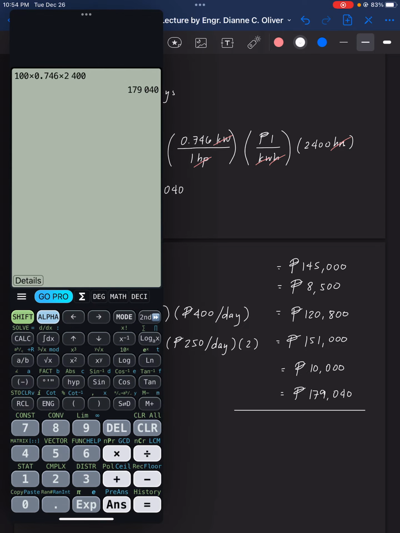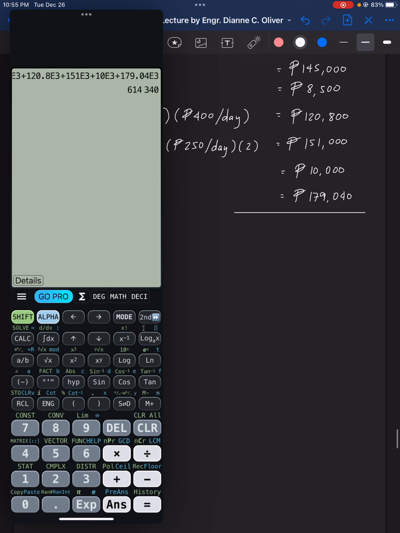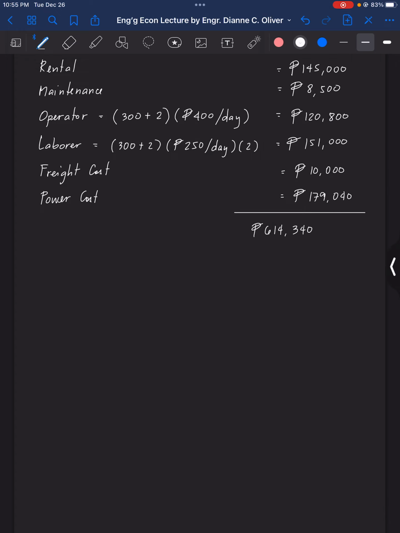Again, that is 145,000, 8,500, 120,800, 151,000, 10,000, 179,040. So the total here is 614,340 pesos. So that's the total cost for pump E.